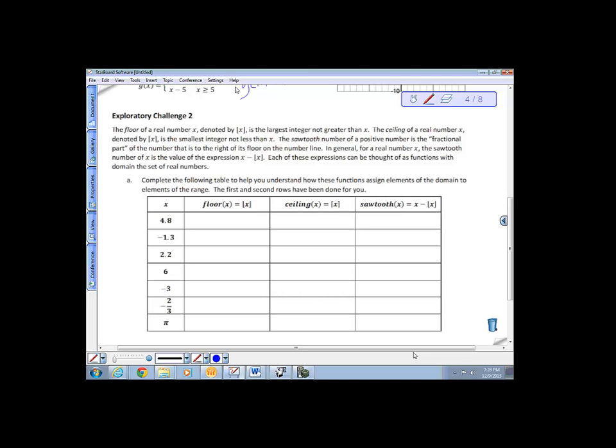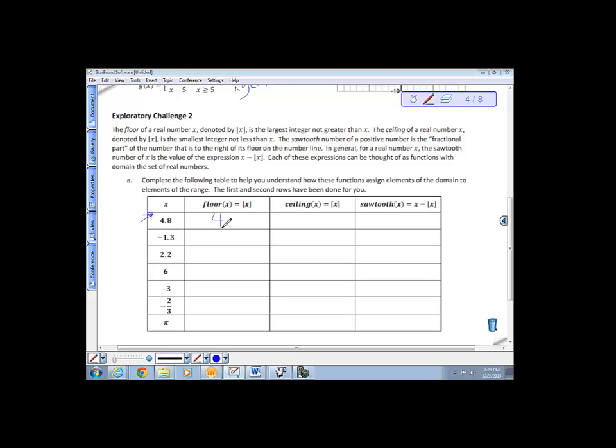The floor of a real number x, denoted by floor of x, is the largest integer not greater than x. So let's take a look at 4.8. Okay, what's the floor of 4.8? Well, the floor of 4.8 is the largest integer not greater than 4.8. What's the largest integer not greater than 4.8? 4. Okay. Now the ceiling is the opposite.